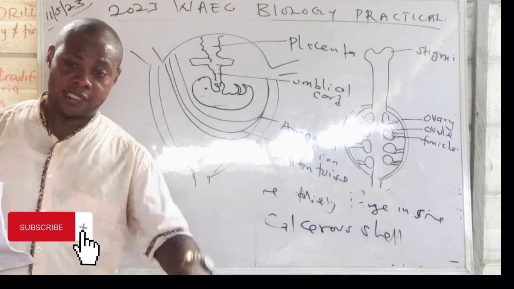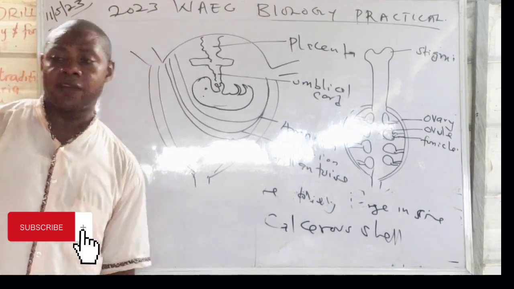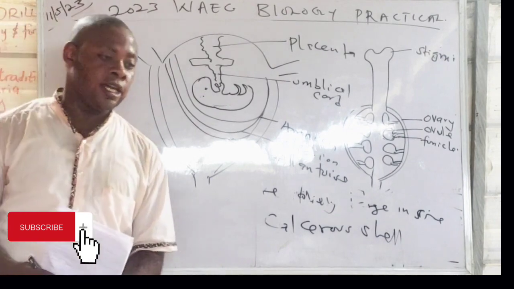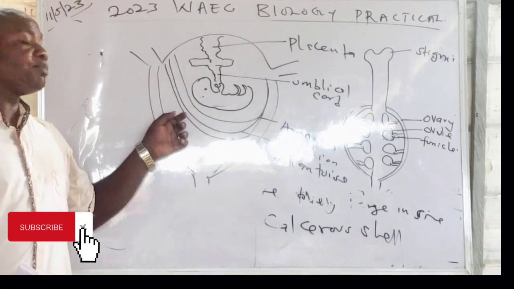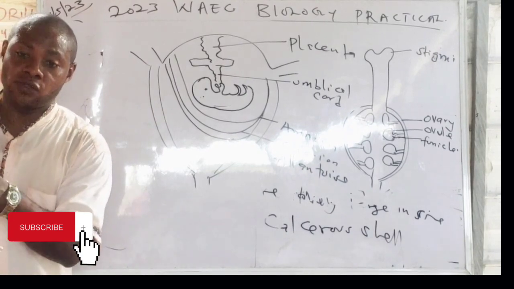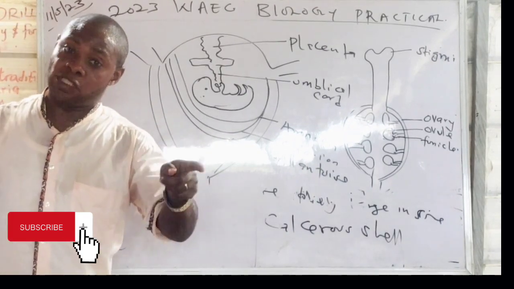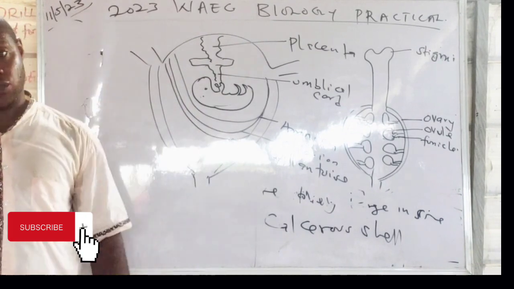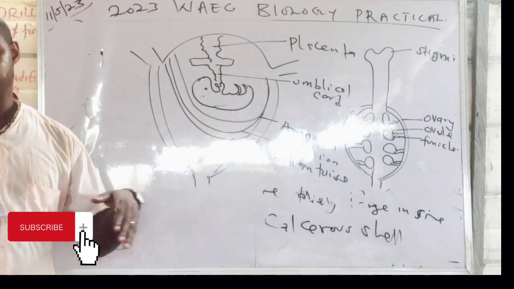Even though the blood does not meet, the placenta is a very delicate structure, because it permits materials to move from the fetus to the mother's body, and from the mother's body to the fetus. So it is a medium of exchange.